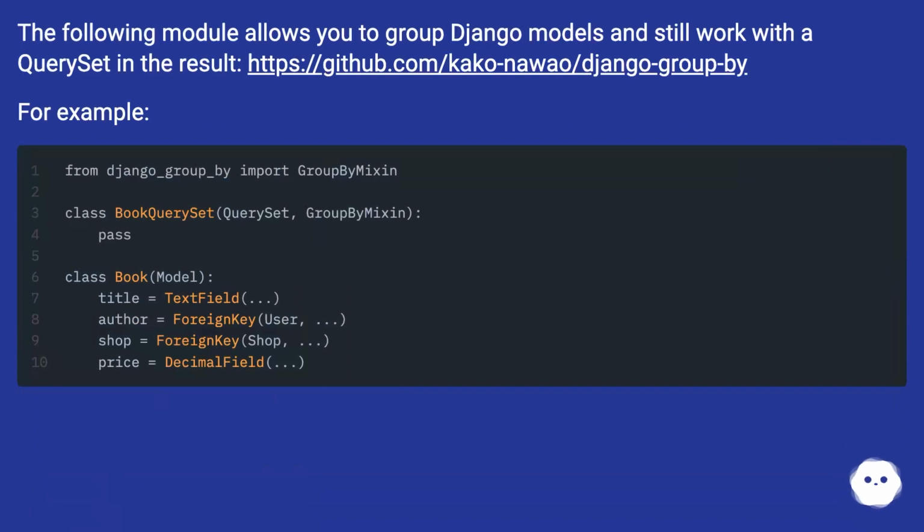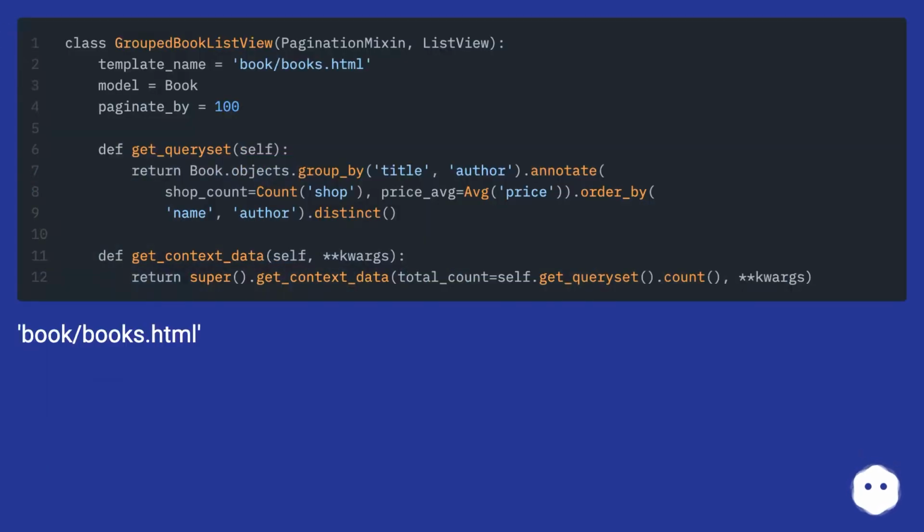The following module allows you to group Django models and still work with a query set in the result, this URL. For example, book/books.html.